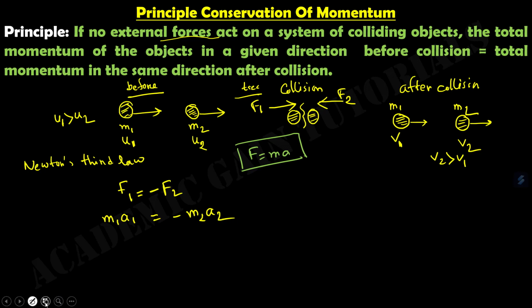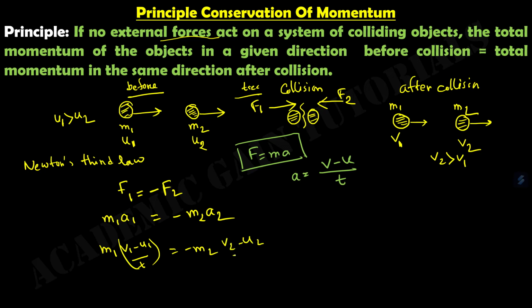We know acceleration is the rate of change of velocity, so acceleration is v minus u divided by t. In that case, for a1 we can write v1 minus u1 by t, giving m1 times v1 minus u1 by t, and for a2 we can write v2 minus u2 divided by t.